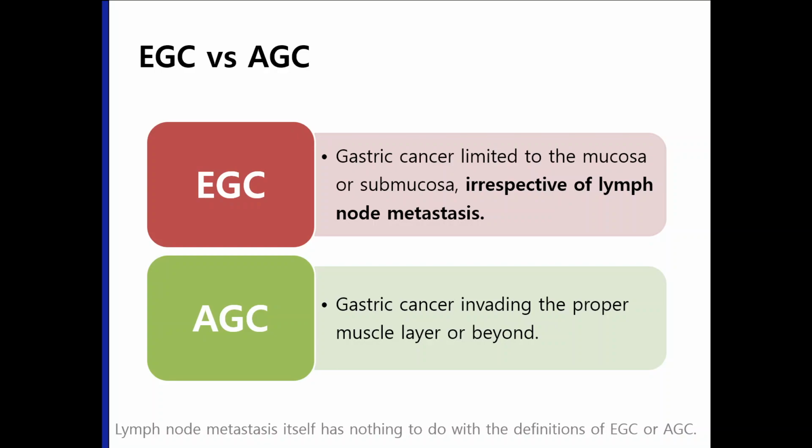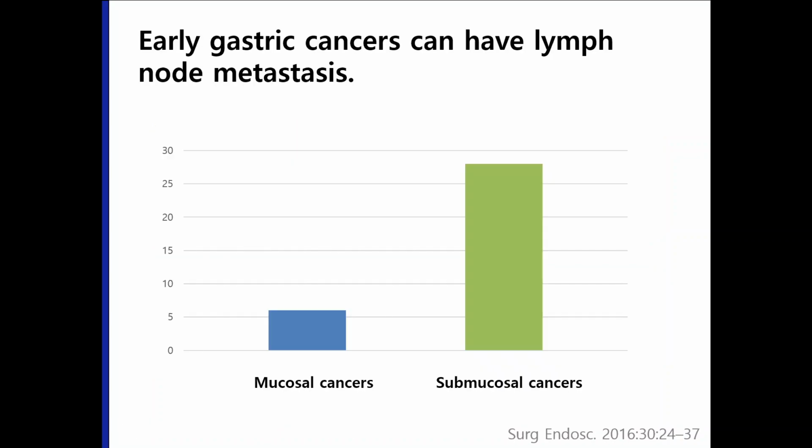In contrast, AGC is a cancer invading the proper muscle layer or beyond. Lymph node metastasis itself has nothing to do with the definition of EGC or AGC. EGC can have lymph node metastasis.